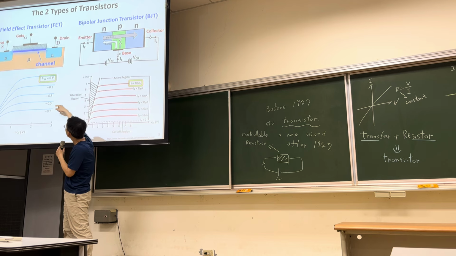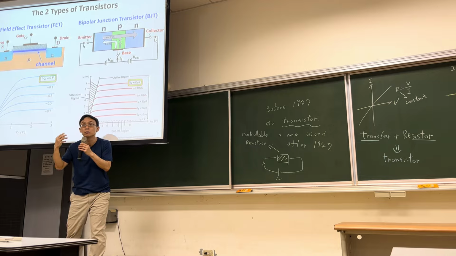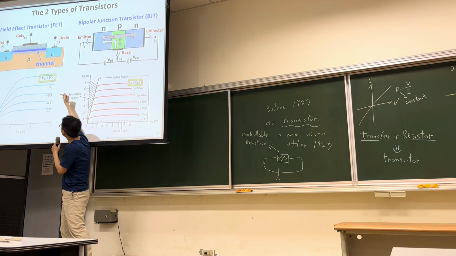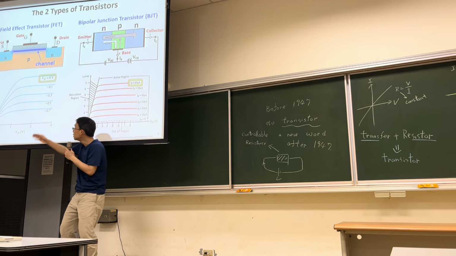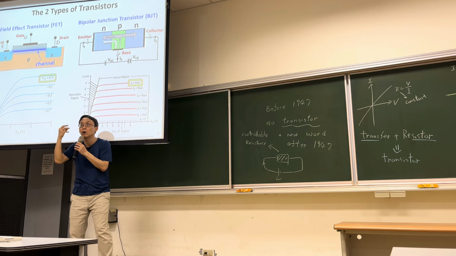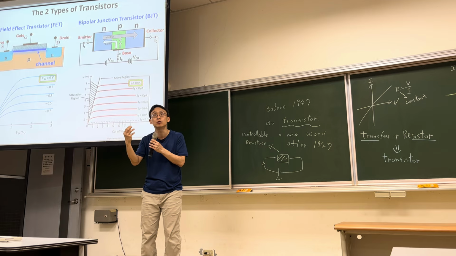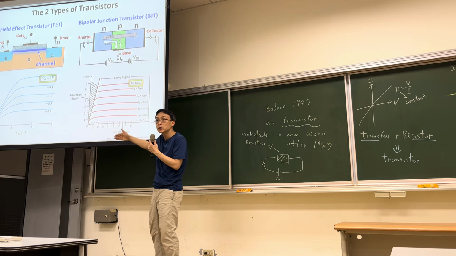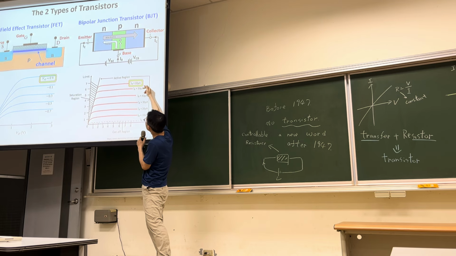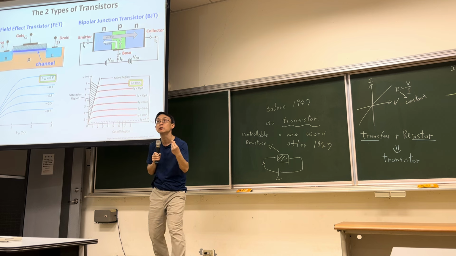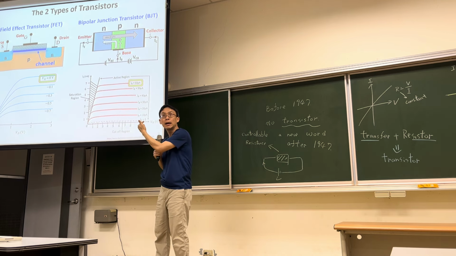You can see the gate voltage goes from 0, minus 0.1, minus 0.3, minus 0.5, minus 0.7. But for the BJT, the IV curve is not controlled by voltage. The resistance is controlled by current. You can see this is a base current of 60 microamps. So the unit is different: one is voltage, one is ampere.